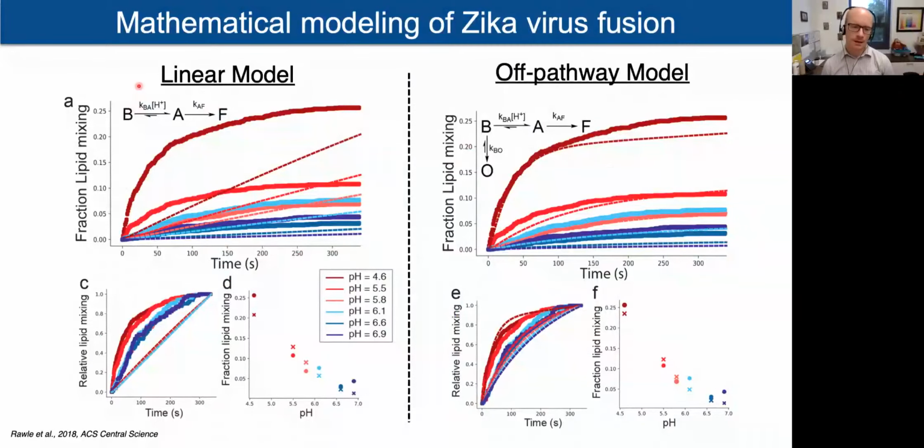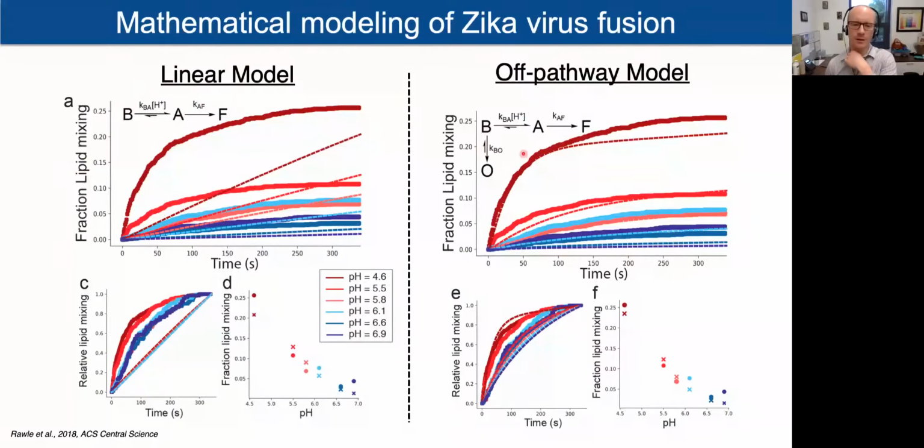In this case, the dashed lines are the fits of the model, and everything else is the data. In the interest of time, I'm not going to dive into this too much, but suffice it to say that if we model the pH-activated fusion process as a linear process, so if there are many steps that occur sequentially, this does a very bad job of fitting the data.